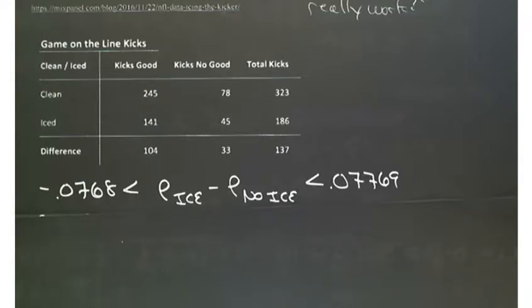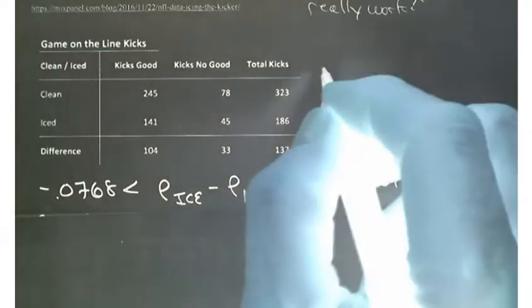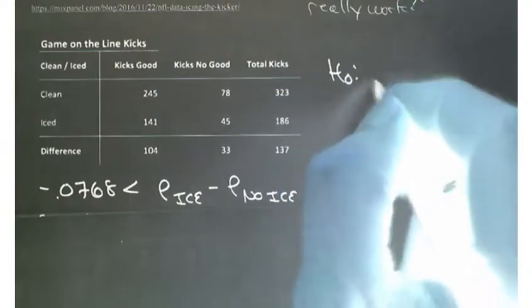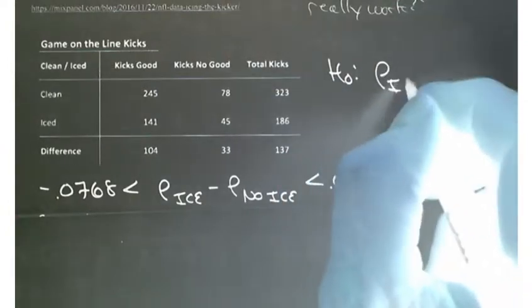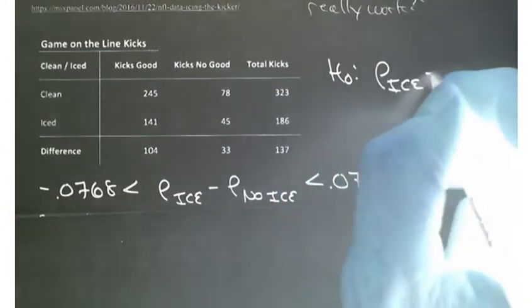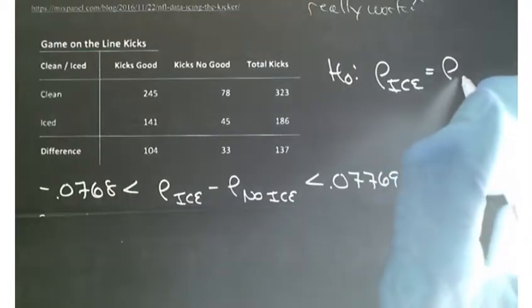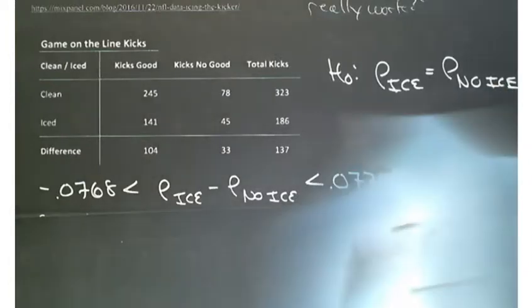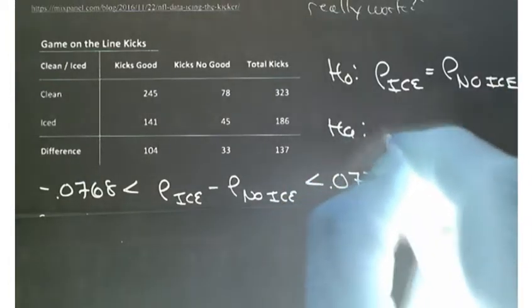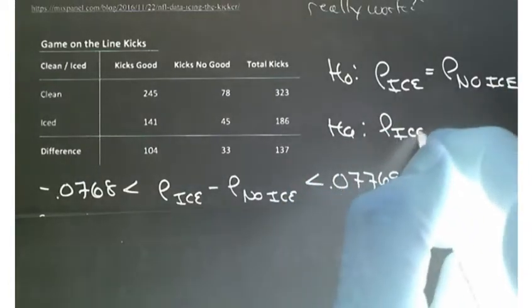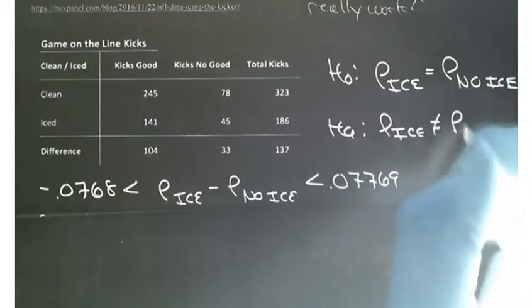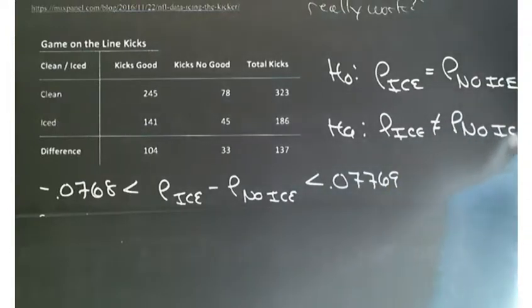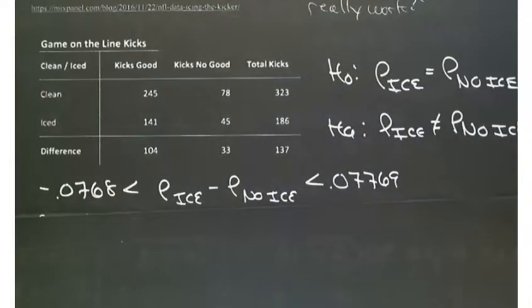So if your null hypothesis is H0 such that the probability of making the kick while you're iced is equal to the probability of making a kick when you're not iced, and then of course the alternative is that they're not equal, what do you think you're going to do here? Reject or fail to reject?